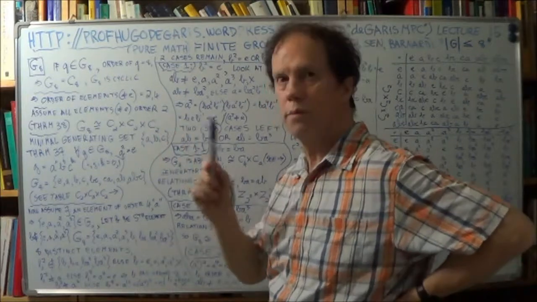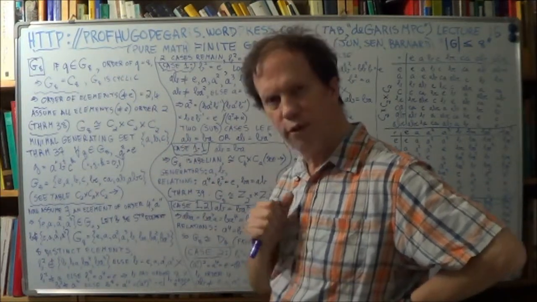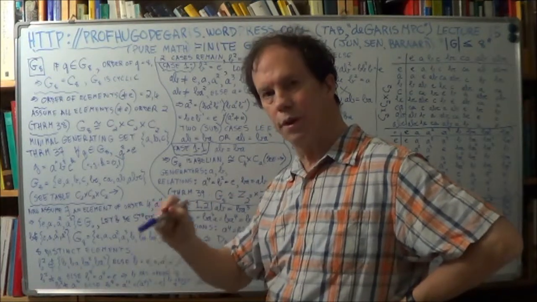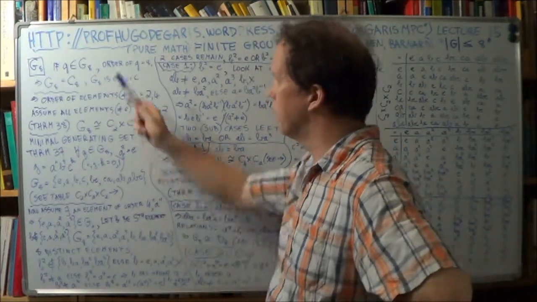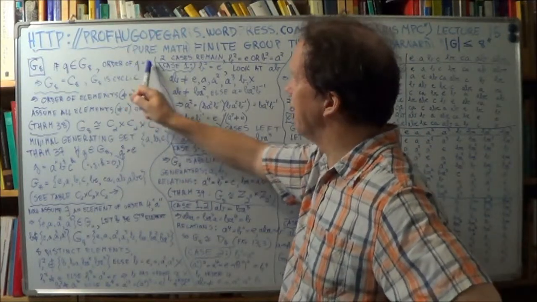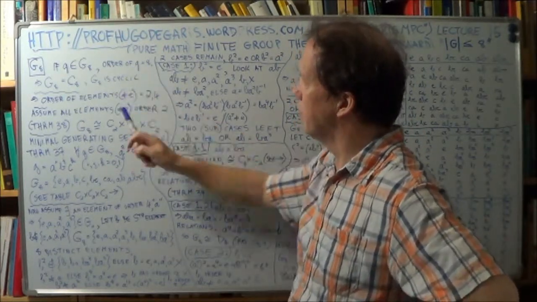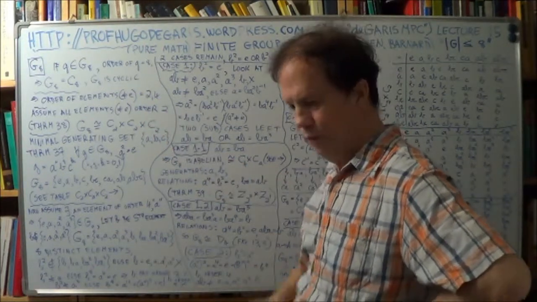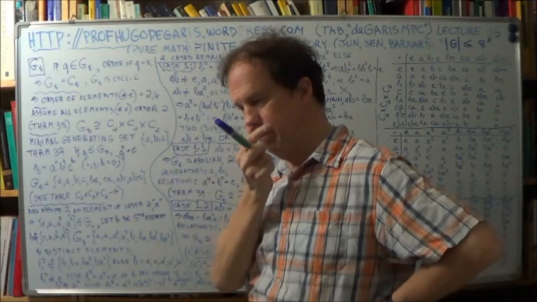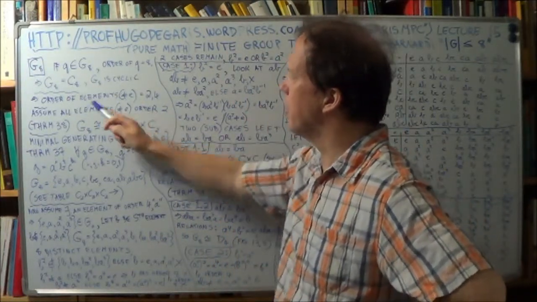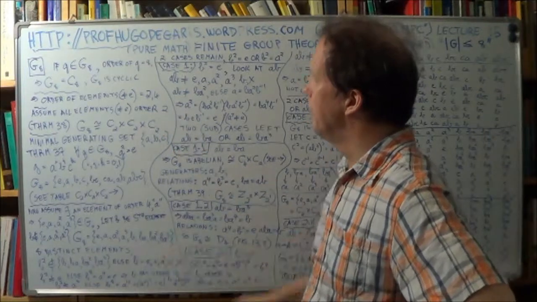Right? That's from theorem, what was it, 49, I think, that the order of an element divides the order of the group. Very important theorem that we use here, a very powerful tool. Okay? So if the order of an element is not 8, then it's either 1, 2, or 4. Now forget about 1, that's just the trivial group. Assume that's done. So the order of our elements will be either 2 or 4.